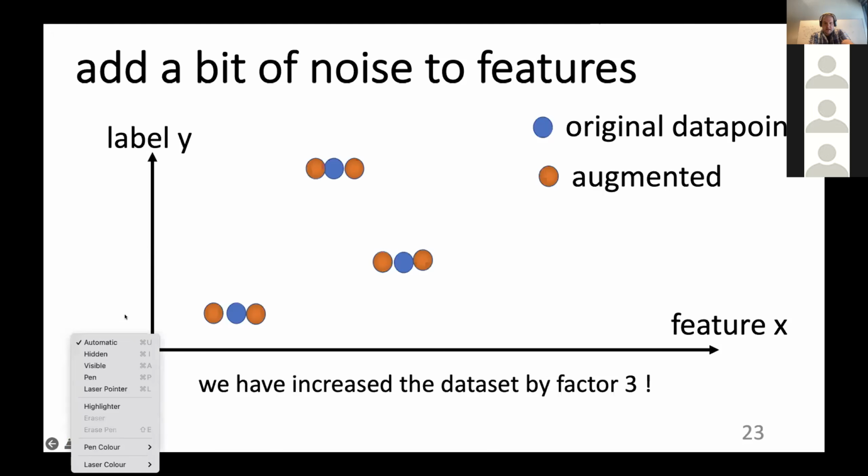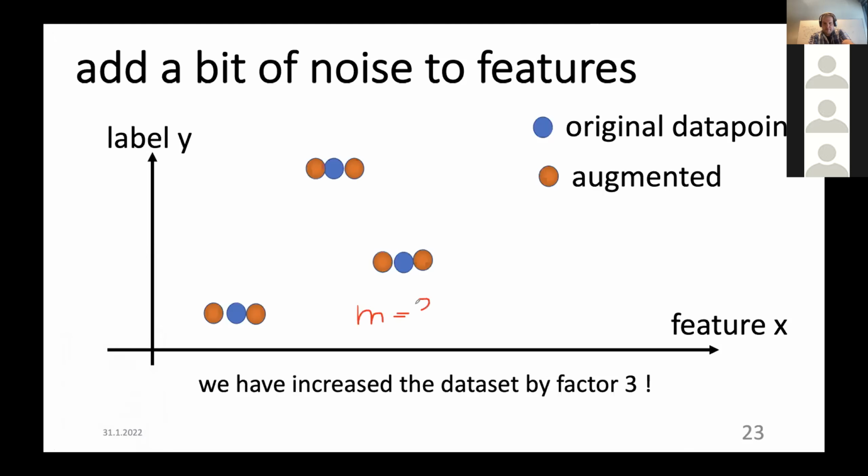So we started with data set size m = 3 because we have 3 blue dots, the original data points. And we then obtain the new size of the augmented data set, which is 9. So just by adding a few perturbed data points, we have tripled the size of the data set.